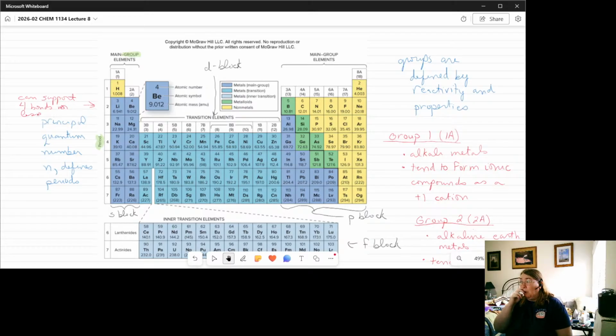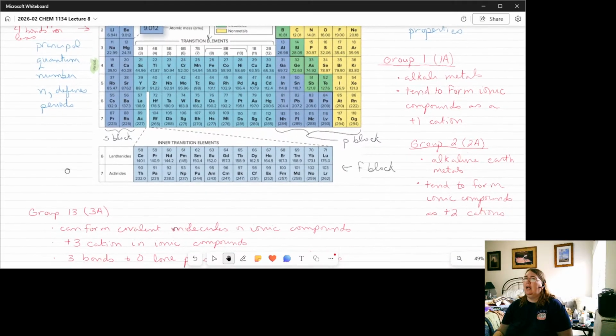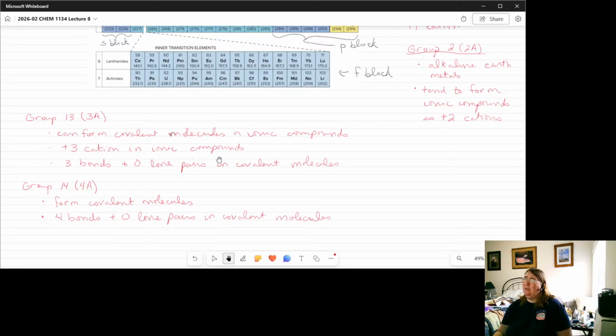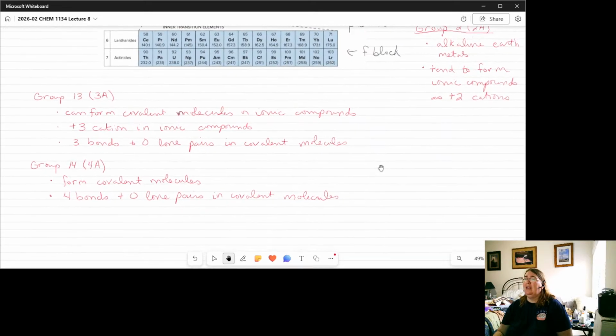It cannot do more than 4 bonds. It's quantum mechanically not possible. When you get to row 3, it is possible to do more than 4 bonds, and the farther down you go, the more likely you're going to end up with something with more than 4 bonds. 6 bonds tends to be the limit, just because of spatial limitations. There really is only so much area around a sphere where you can put something.